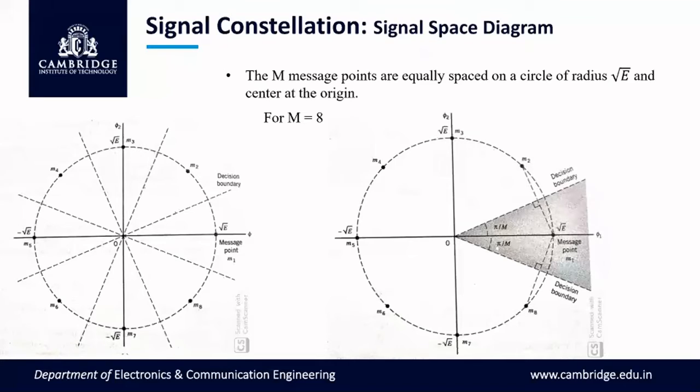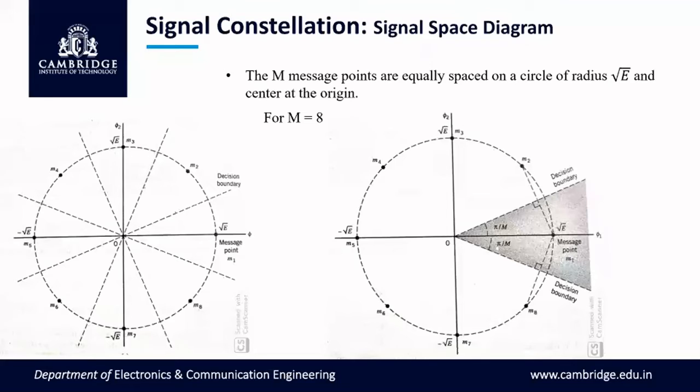Here also you can see a circular constellation, which shows that all the M message points are at the same distance from the origin, because all M symbols have the same amplitude and same frequency, only they differ in phase.